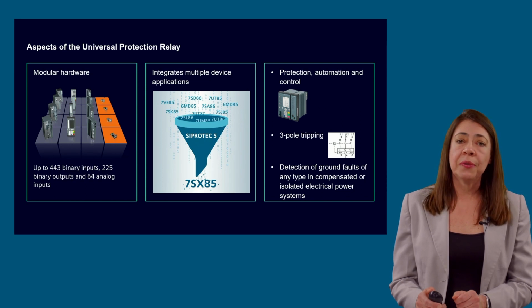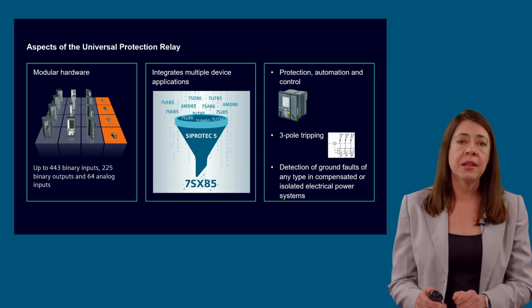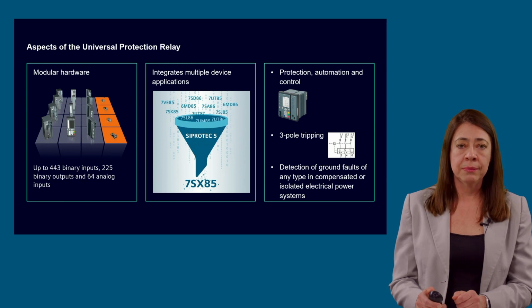As any SIPROTEC 5 device, the 7SX85 can be extended to up to 2 racks of 19 inches and can contain redundant power supply.